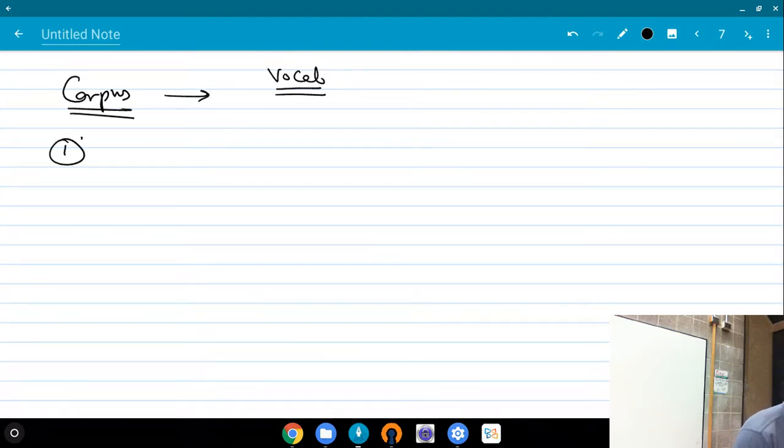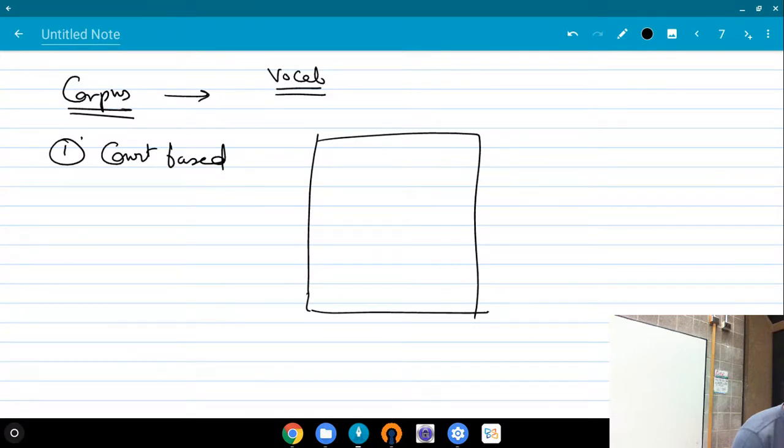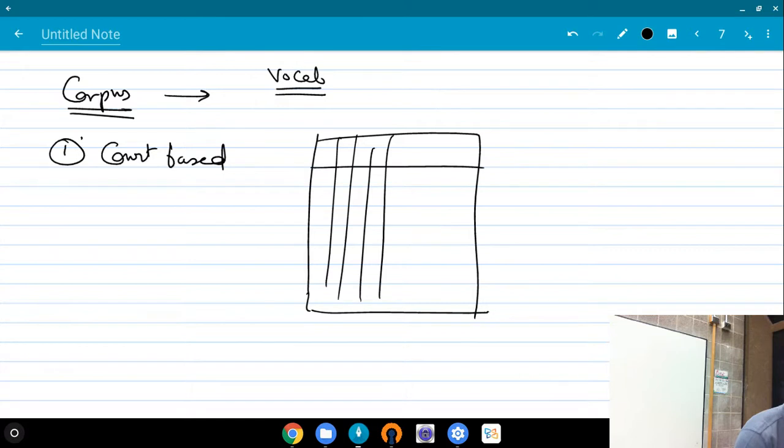I'm describing the first approach, which is count based. What you do is you construct a matrix, which is essentially a count matrix. Think of, let's say, vocabulary size is 100. There are only 100 words in this example.